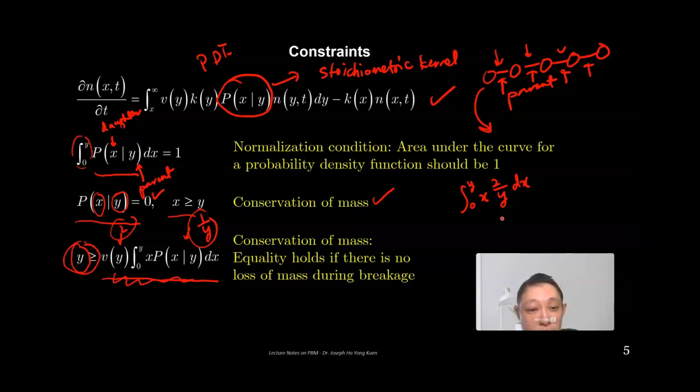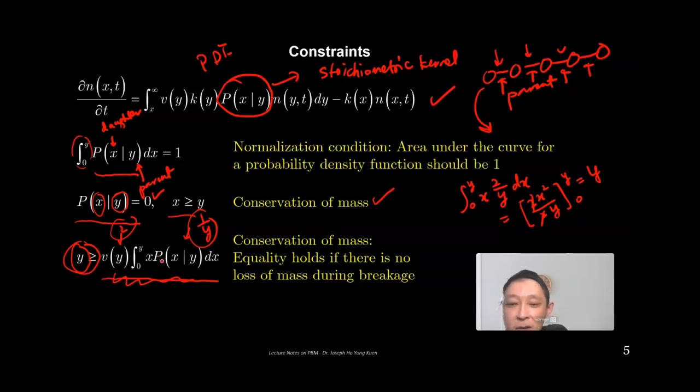So can we do this? We integrate this with respect to x. This will give 2x squared over 2y, evaluated from y to 0. We can cancel off the 2, and you will get y, because the second term is 0.